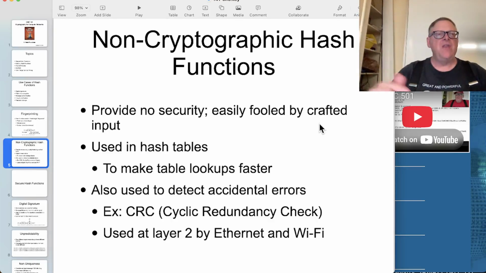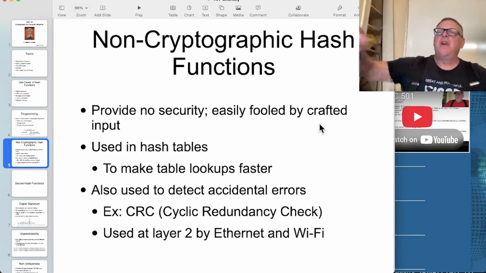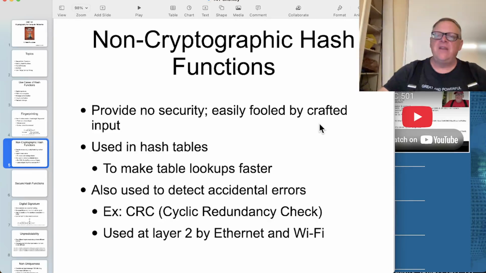And you try to make it so the address is sort of randomly related to the input data. So you might do something like add up the ASCII values of all the characters and then take the modulus of something like 1,000. That would just give you a number that was essentially random from 1 to 1,000, and that would tell you which slot to put it in the table. And this turns out to be an efficient way to store data, an efficient way to retrieve data.